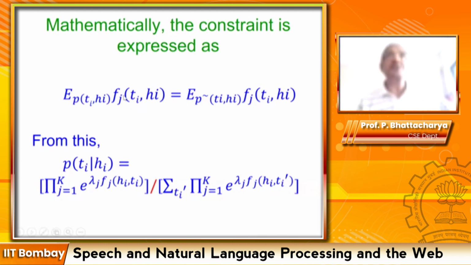Now if the feature value takes only 0 or 1, does the word have shun or not? I'm just taking this example. Does the word have shun or not? The value is 1 if it has, 0 otherwise. In this case, the expected value of the feature is the same as the probability of the value of the feature, since 0 multiplied by the probability value gives you 0.